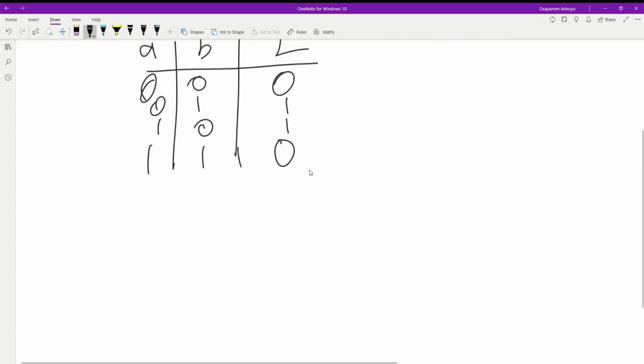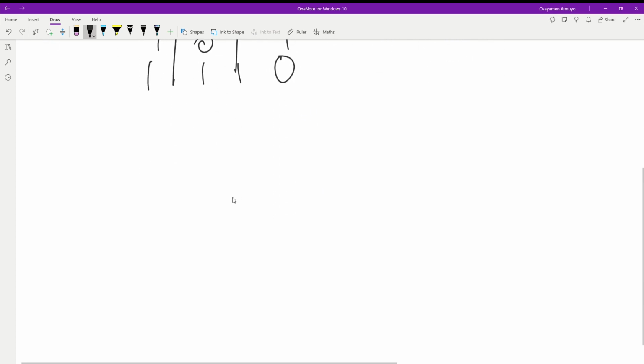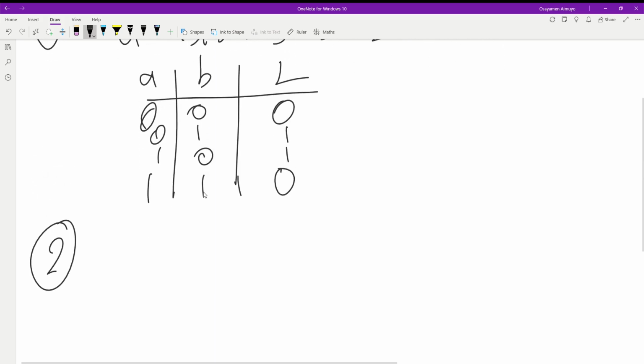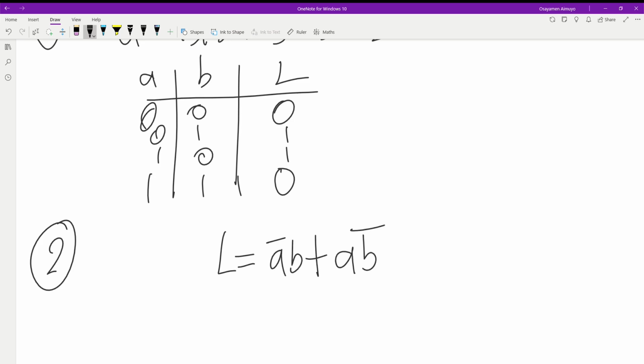Now let us get the results into equations. In this case, we would get the minterms. The minterms for this system would be A bar B plus A B bar.